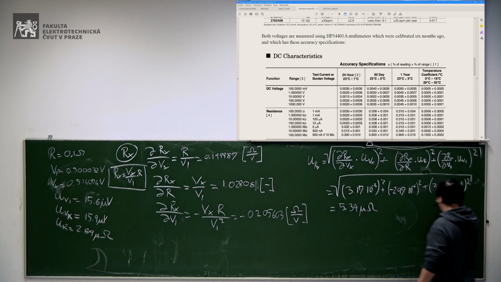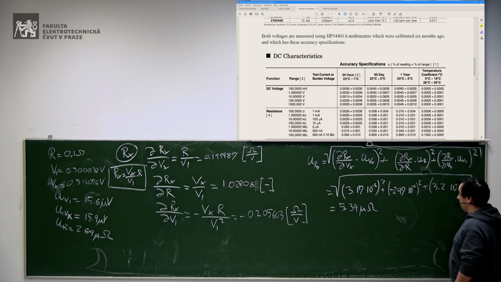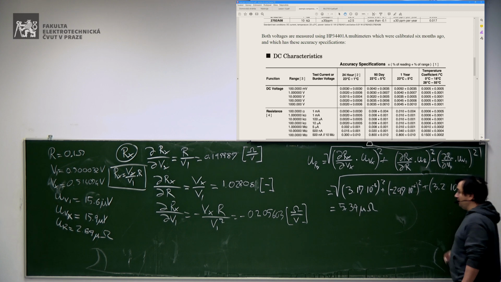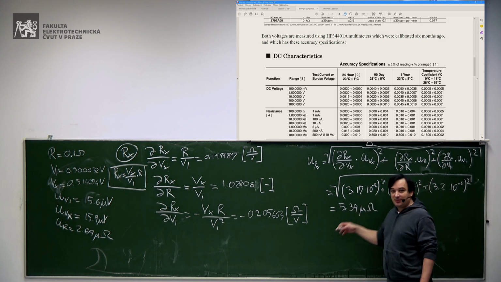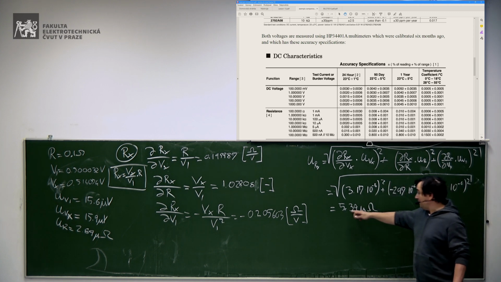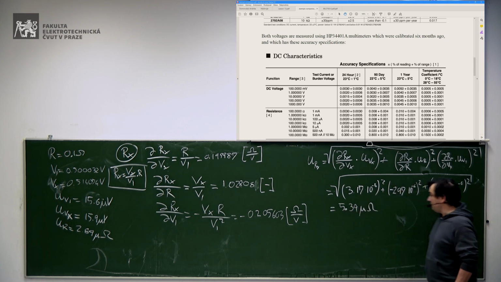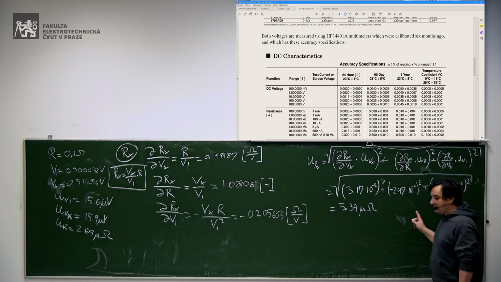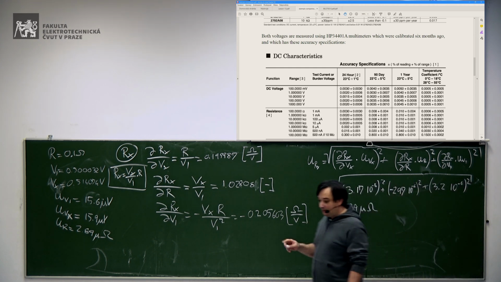So you have three contributions of around 3 micro-ohms, and if you sum them quadratically, you don't get 9 micro-ohms, you get only 5.4 micro-ohms. So this is the uncertainty that you get using this method.